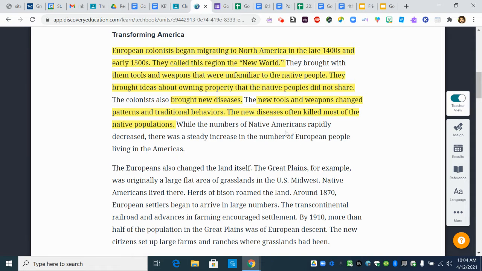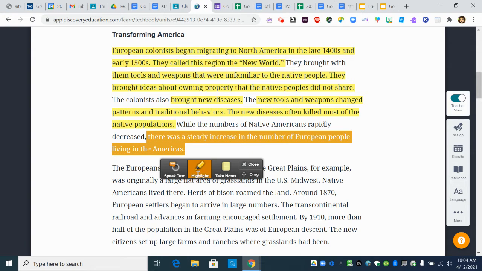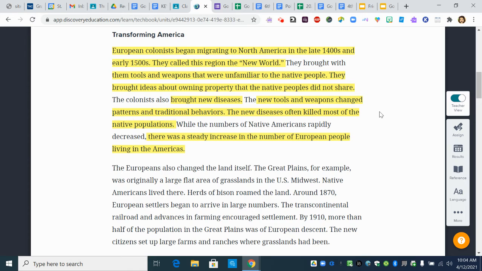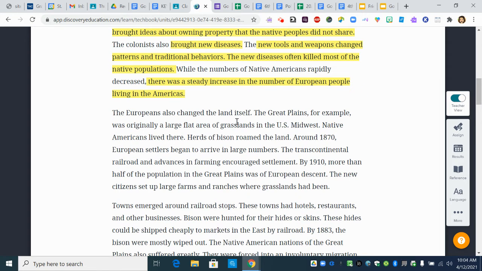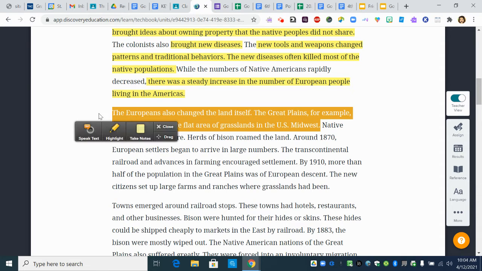While the numbers of Native Americans rapidly decreased, there was a steady increase in the number of European people living in the Americas. The Europeans also changed the land itself. The Great Plains, for example, was originally a large flat area of grasslands in the US Midwest. That's where we live. Native Americans lived there. Herds of bison roamed the land.